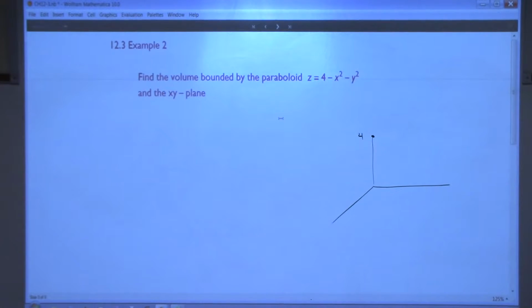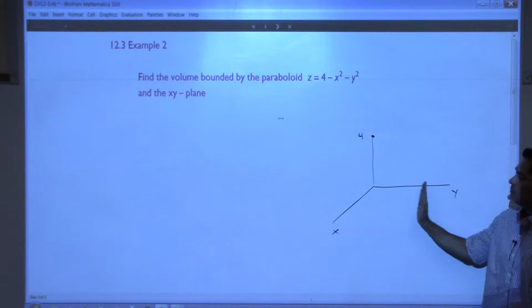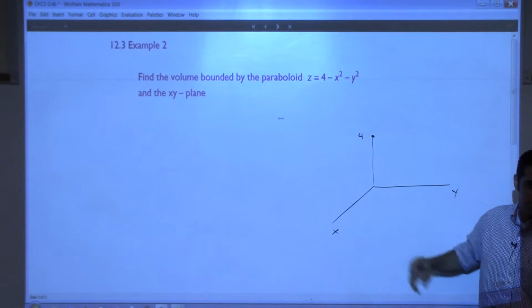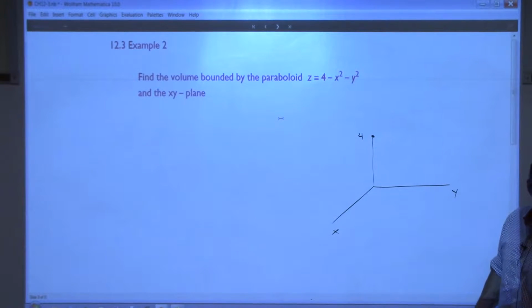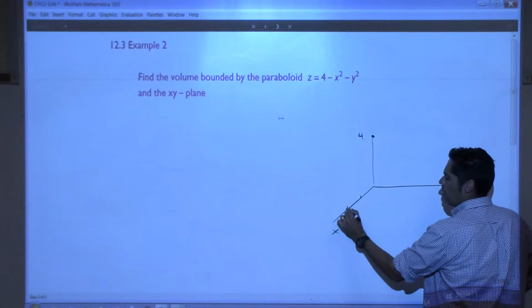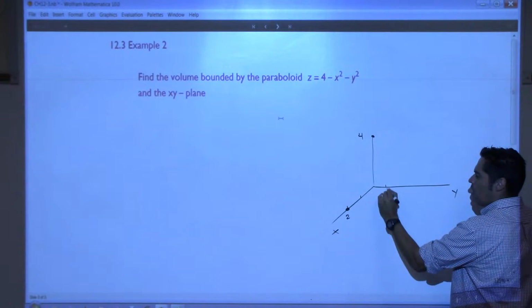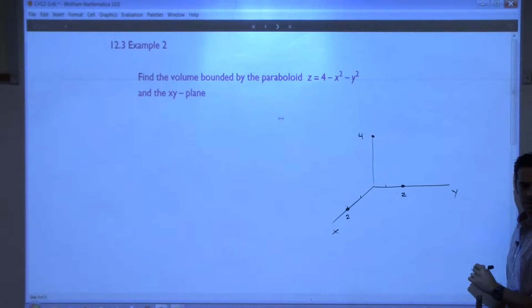And then what if y was 0 and x was 2? If y was 0 and x was 2, wouldn't z be 0? So if x is 2, y is 0, I'm here. If x is 0 and y is 2, I'm here also, right? My z would be 0.